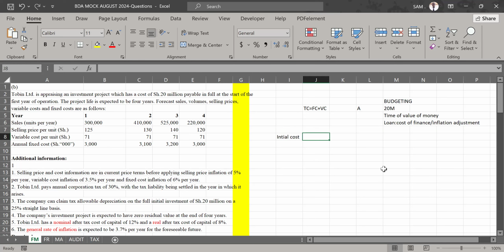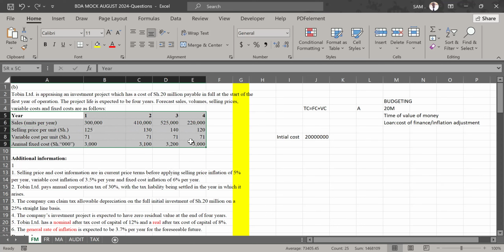So that is where you're putting in your initial investment. So initial cost is 20 million. Now I want us to put this information together: the information given here for the projected sales, costs and volumes. Let us arrange it in order and let it be understood.